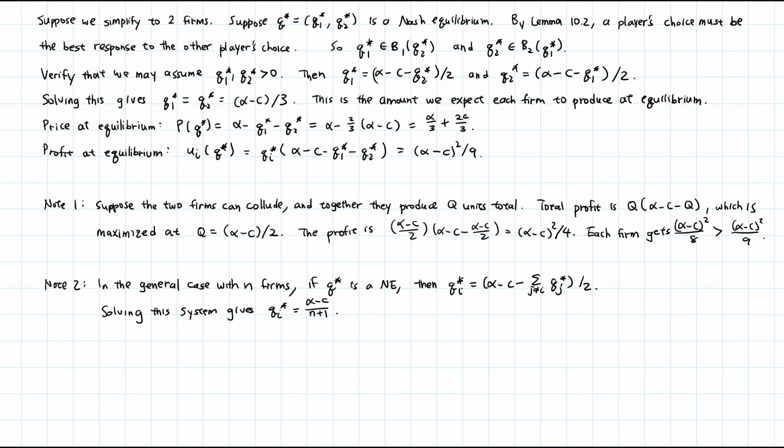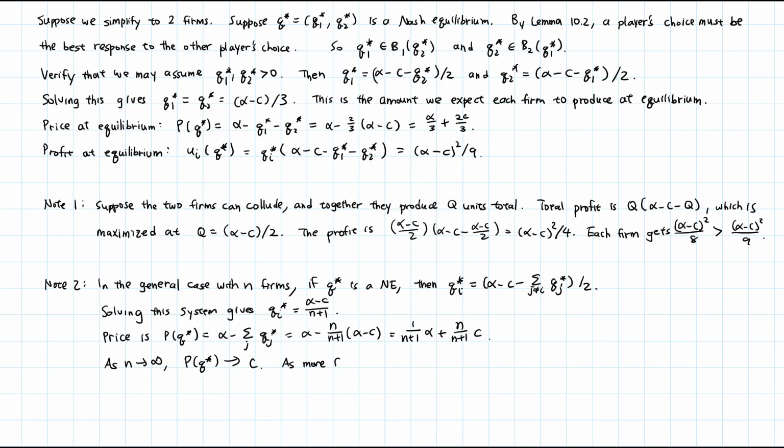And we can calculate that the price here is 1 over n plus 1 times alpha plus n over n plus 1 times C. We see that as n goes to infinity, the price goes to C. Meaning, as more firms are involved in the market, the expected market price is going to get closer to the production cost. So that is an example of using the best response function to find a Nash equilibrium.